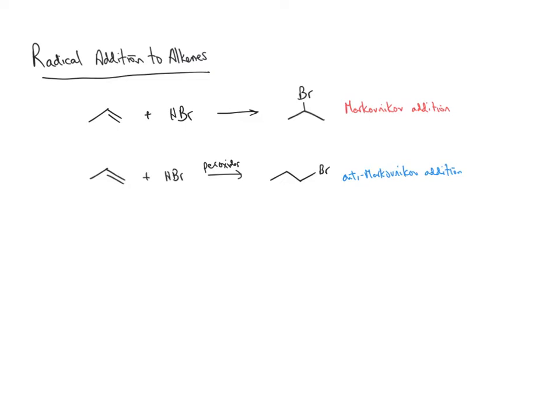So the mechanism for the radical HBr addition is rather complicated, but we're going to go through it. It can be divided into 4 discrete steps. Many radical reactions are what are known as chain reactions, and so we normally write them stepwise. All right, and so the first step in the radical addition of HBr to an alkene is known as an initiation.